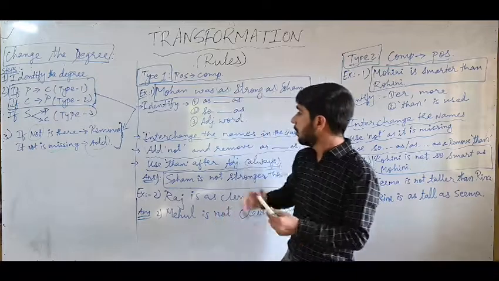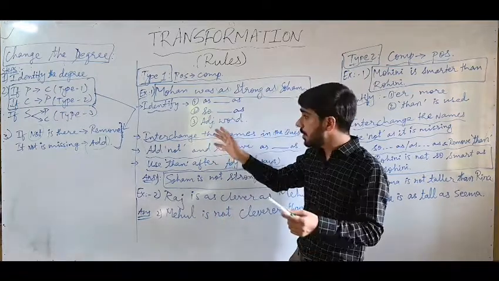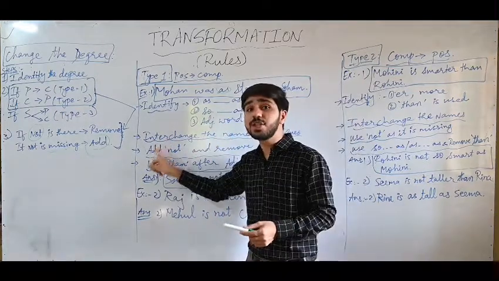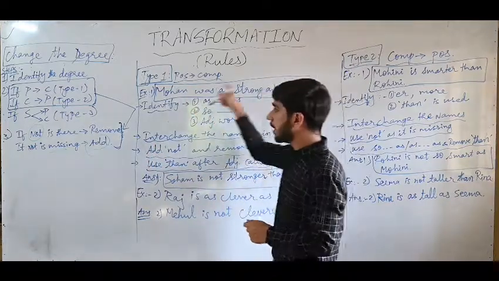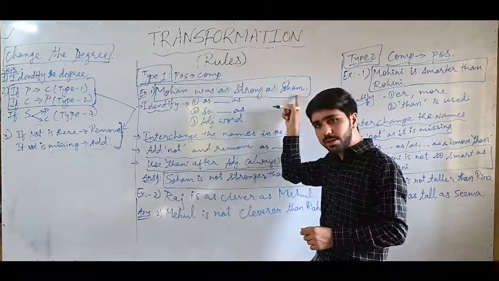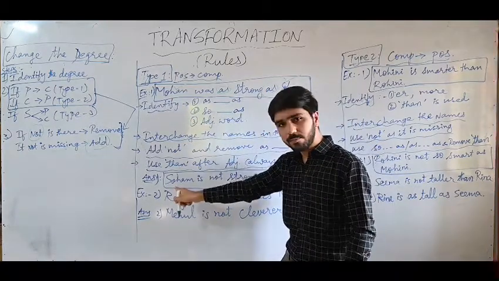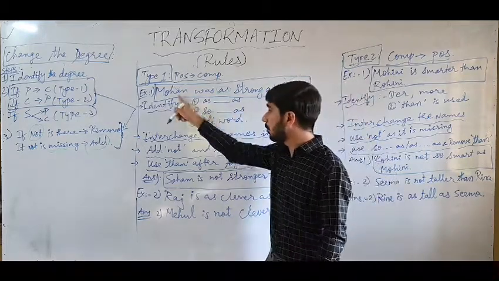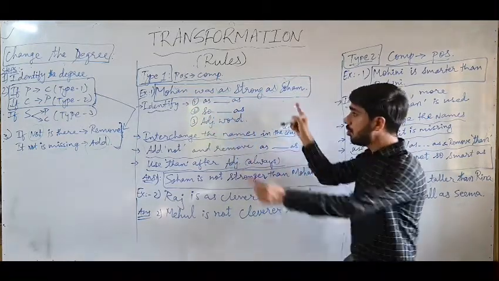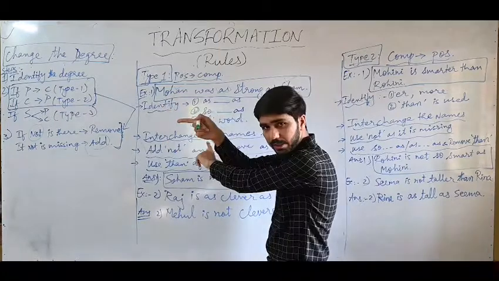Now see how to change the degree. First step, you have to interchange the names. Means Mohan and Soham. So Soham will come here, Mohan will go over there. The sentence begins with the last word Soham, and Mohan goes in the end. So interchange the names, swap the names.